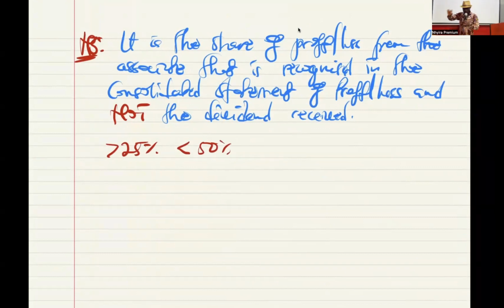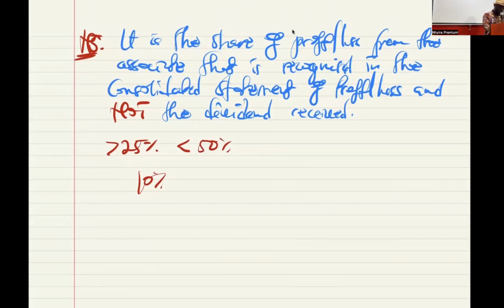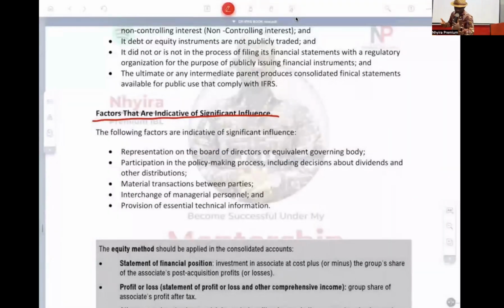But it depends on the context of the question, because sometimes we may even have just 10% of the company, but because of the way the deal is structured, it could still be treated as IAS 28 investment in associates and not IFRS 9 financial assets. So it depends on the context of the question, but by default, any investment that is going to be above 25 but below 50 is going to give us significant influence. But beyond that default, there are other things that can indicate that we have significant influence.